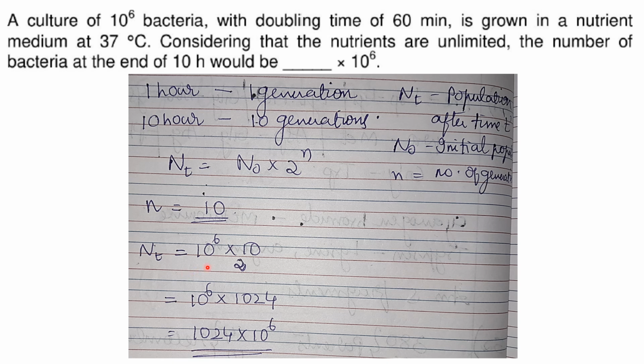So 10 raised to 6 into 2 raised to 10. Sorry, the writing is not correct. 10 raised to 6 into 2 raised to 10. 2 raised to 10 is 1024. So 1024 into 10 raised to 6 will be the answer.